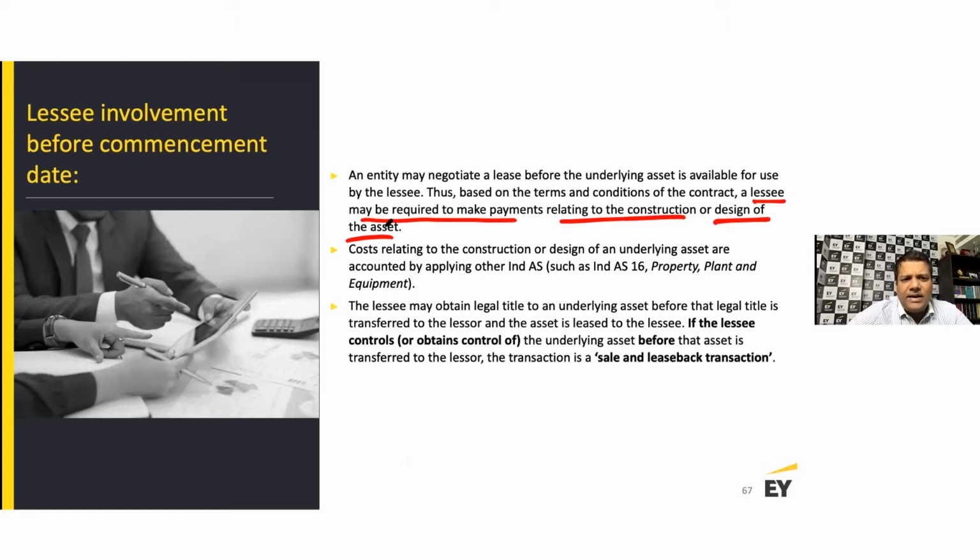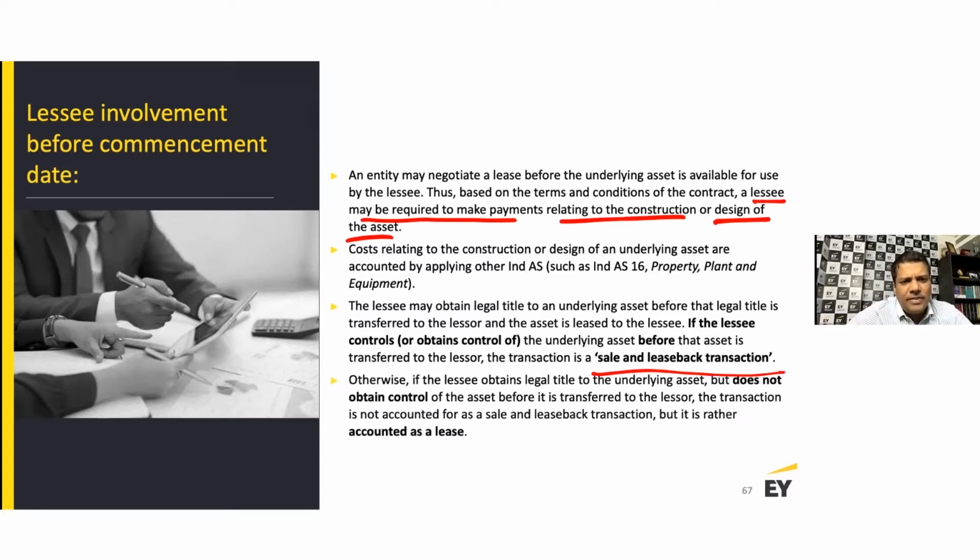If the lessee controls the underlying asset before that asset is transferred to the lessor, the transaction is a sale and leaseback transaction. Essentially, if I was the owner of the asset and was getting some things done, and then I sold it, transferred the title to the lessor and leased it back, that's nothing but a sale and leaseback transaction.